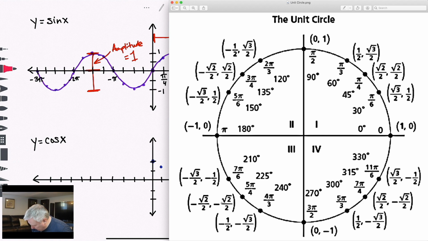It's going to be negative root 2 over 2, then down to negative 1, negative root 2 over 2, 0, and so on. So the difference with cosine is not that it doesn't have the same pattern. It has the same basic pattern. If you look at all the coordinate points around a unit circle, they repeat themselves in the same order, no matter if it's the y-coordinate or the x-coordinate.